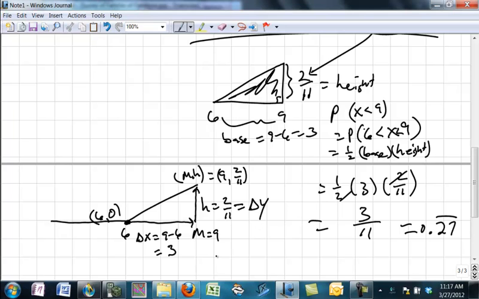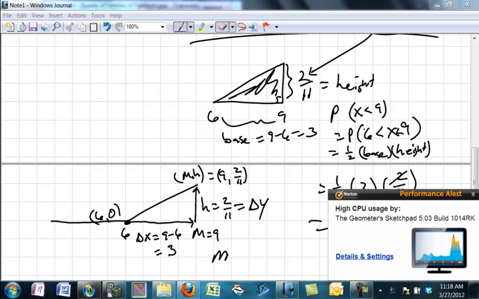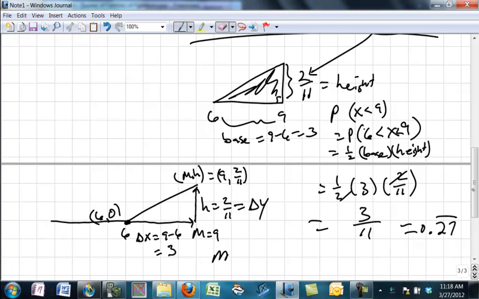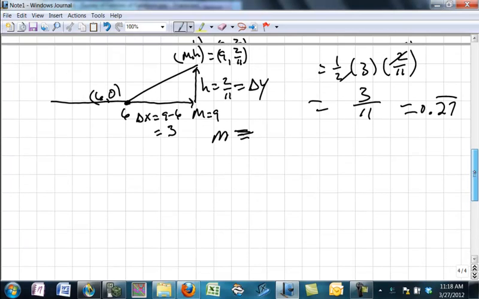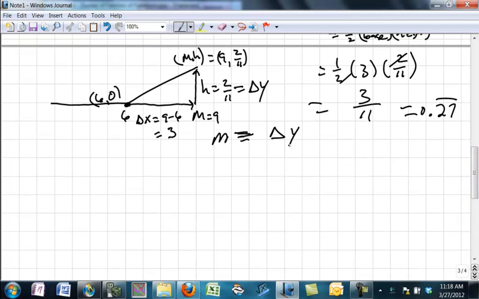So remember that the slope, lowercase m, is equal to delta y over delta x.